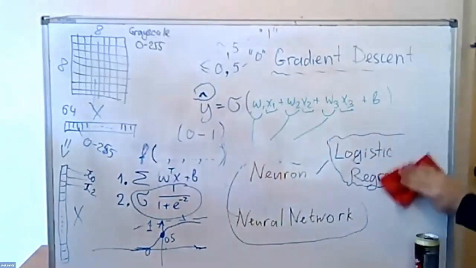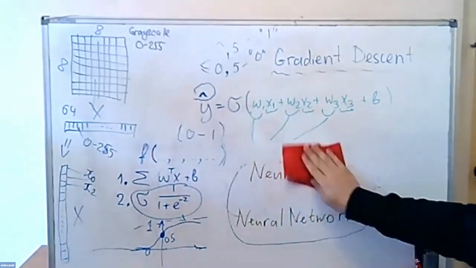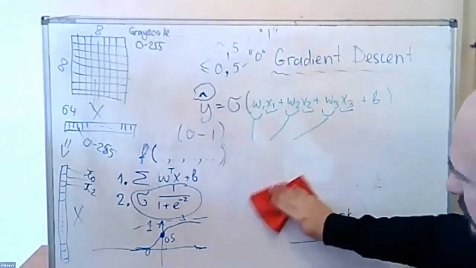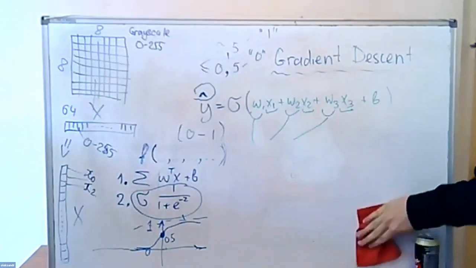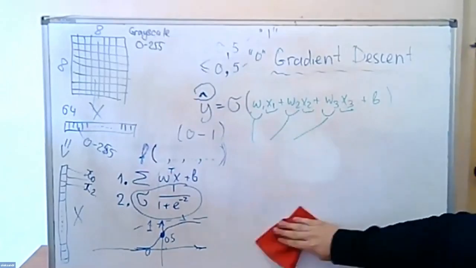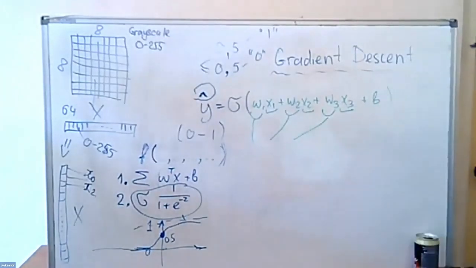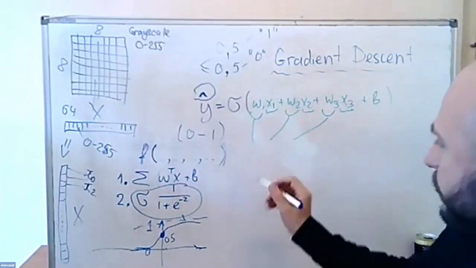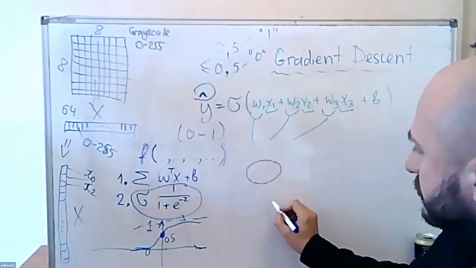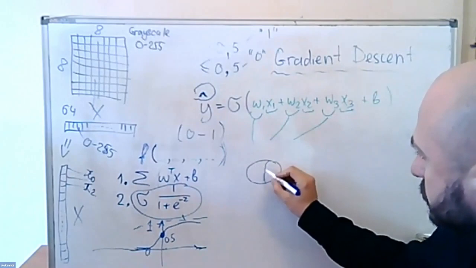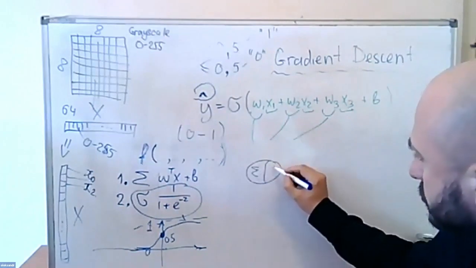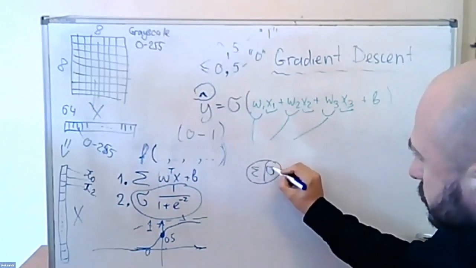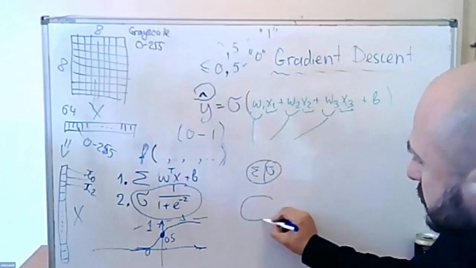Yeah, and then people decided, what if we take this logistic regression as a simple part of a more complex thing and take many logistic regressions like this?